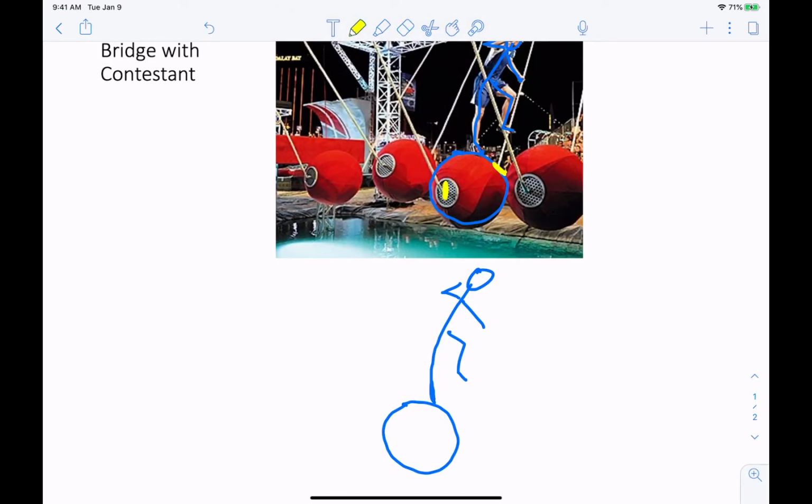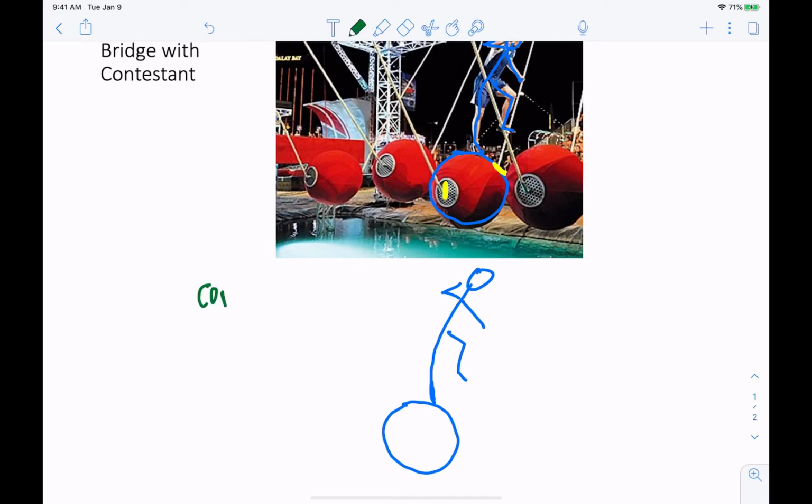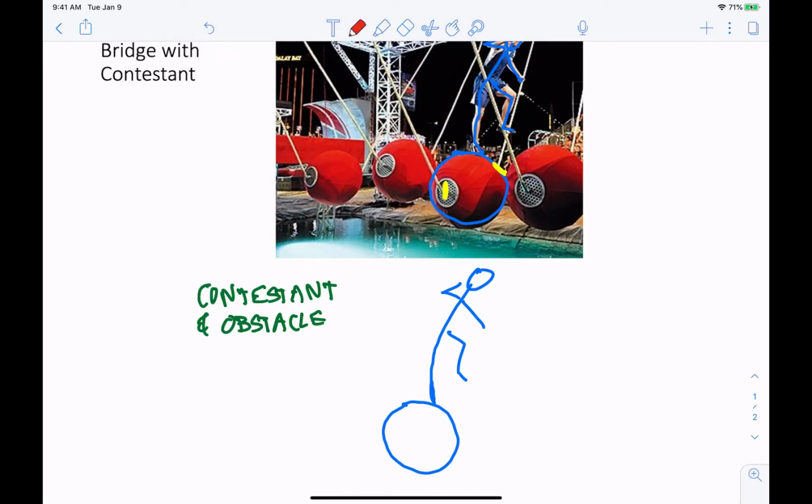If I draw a free body diagram of the contestant and the obstacle together in this particular position that I have taken a snapshot from, then what this is going to look like is I'm going to have the tension. I'm going to call this tension 1.